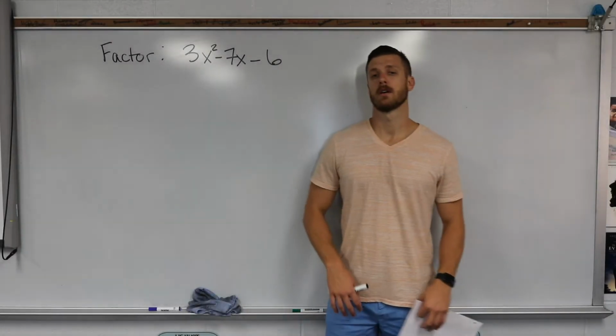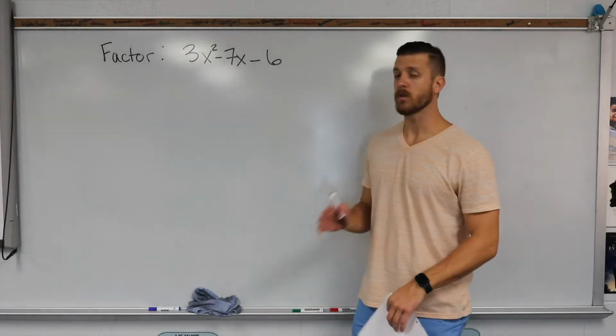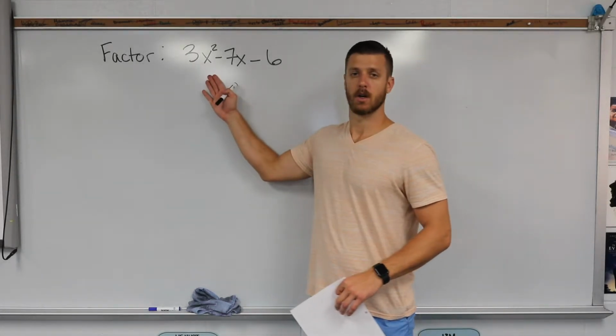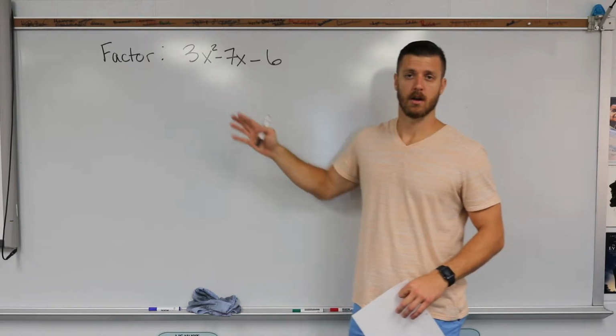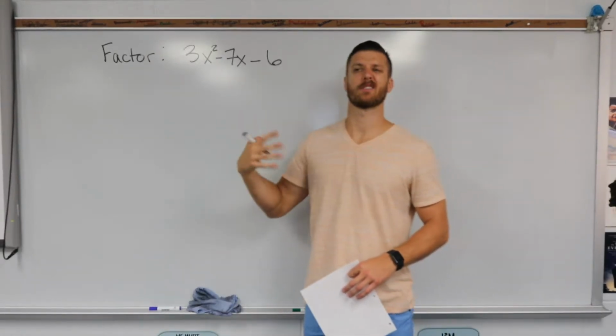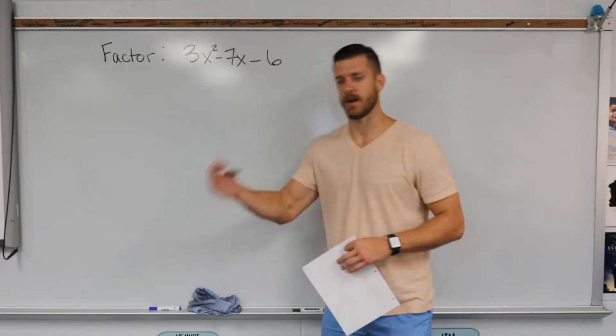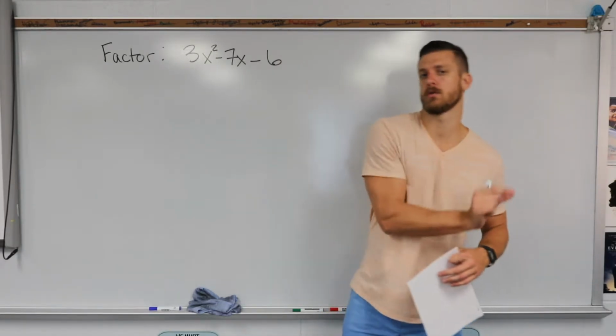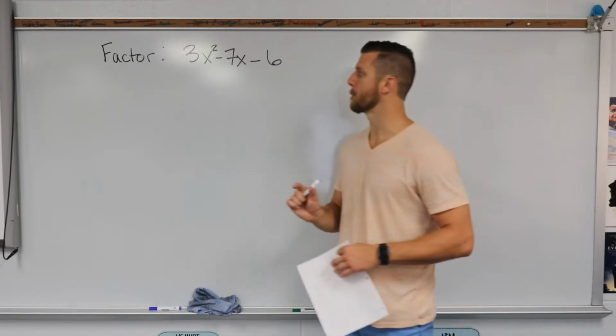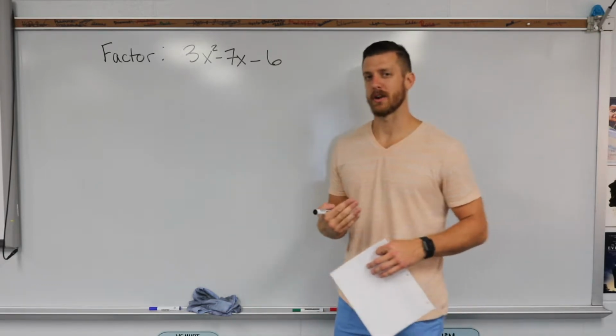Now let's talk about factoring. We're only going to factor quadratics, when we have to use the box. Now you could factor by factoring out maybe just a single monomial or a single term. But what I'm looking for here is the box.